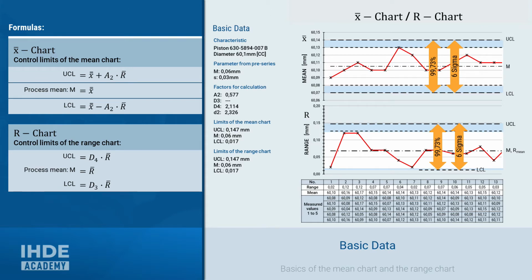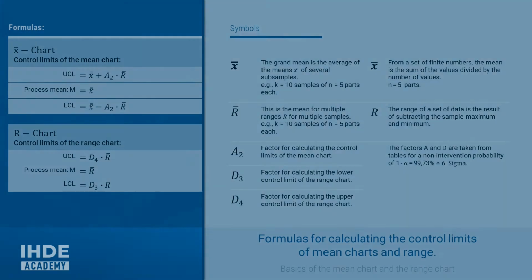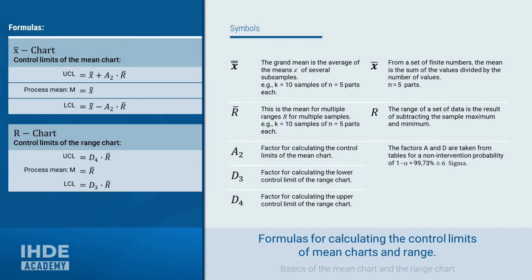On the left side, you can already see the formulas with which the control limits for the mean chart and the range chart are calculated. Let's take a closer look at these next. If x bar is the mean of a single sample, then the grand mean is the average of the individual means. Thus, x with 2 bars, or uppercase M, is the center line for this process.